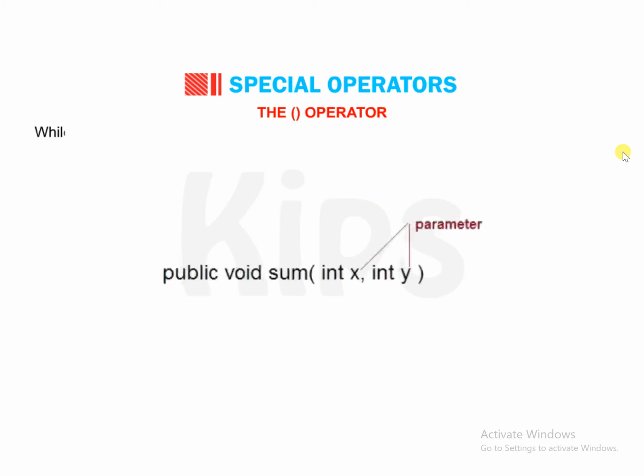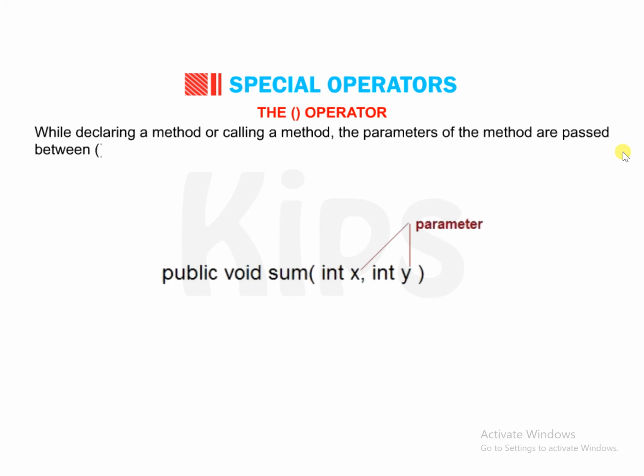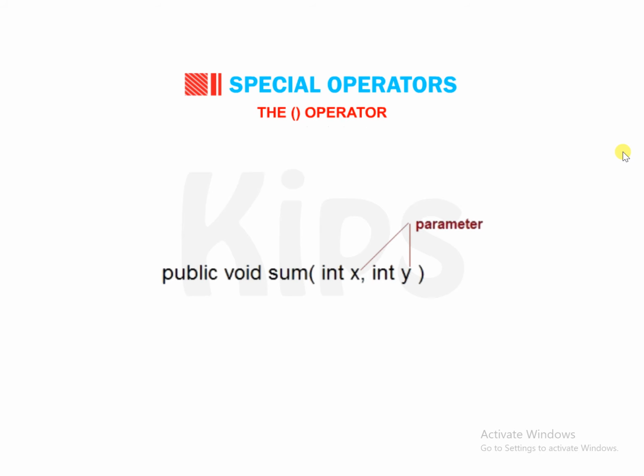The () operator. While declaring a method or calling a method, the parameters of the method are passed between parenthesis operator. One can also pass an empty argument.